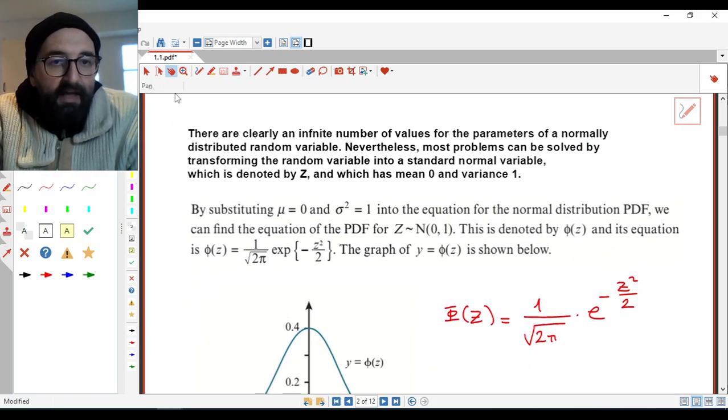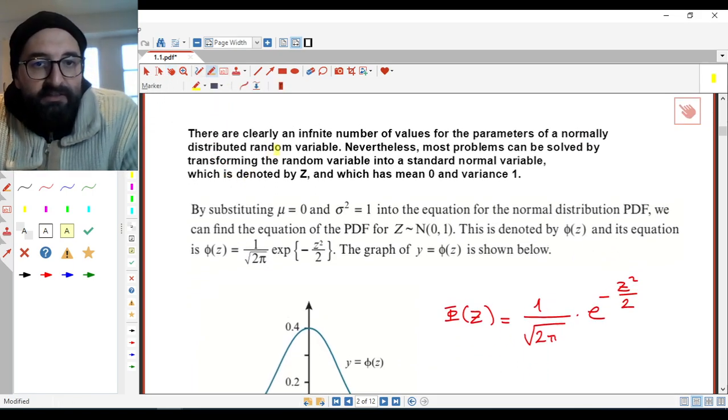There are clearly an infinite number of values for the parameters of a normally distributed random variable. Nevertheless, most problems can be solved by transforming the random variable into a standard normal variable, which is denoted by z, and which has mean 0 and variance 1.